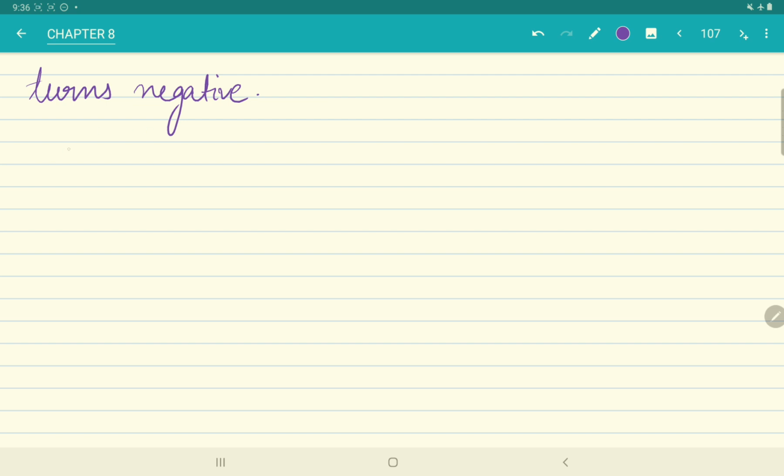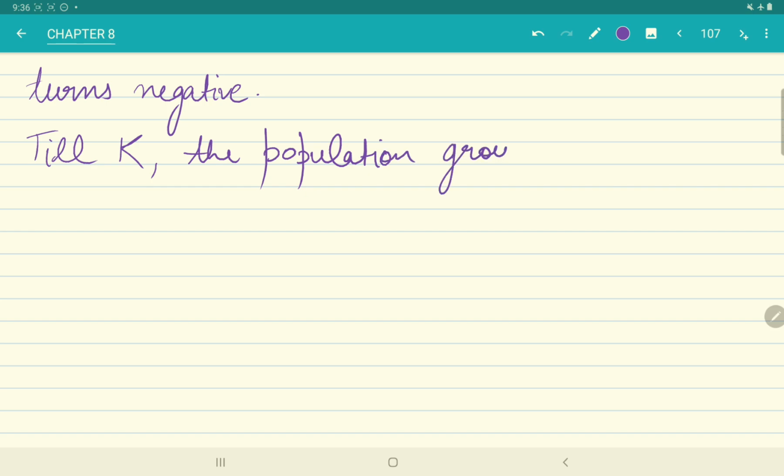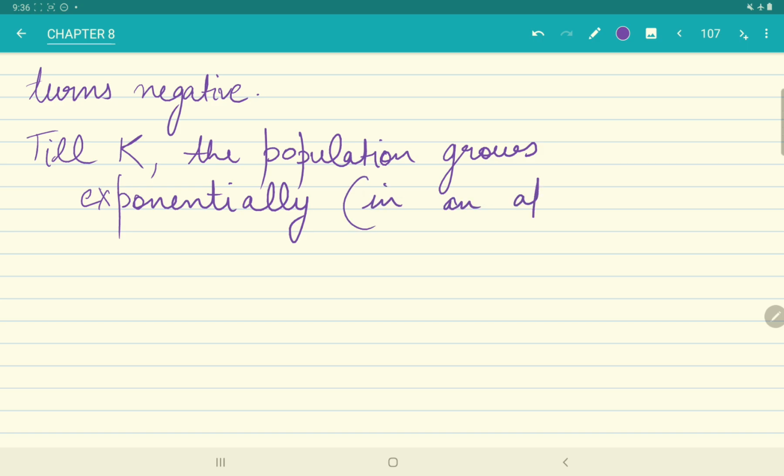And that means we can say till K, the population grows exponentially in an approximate sense.